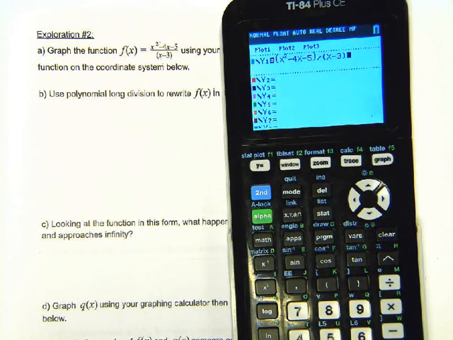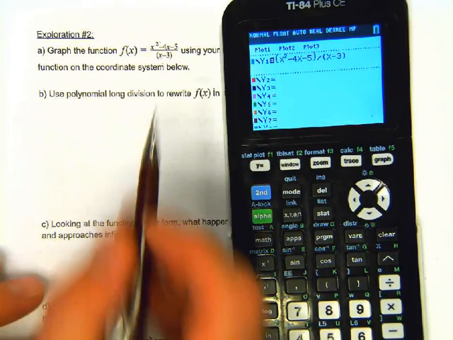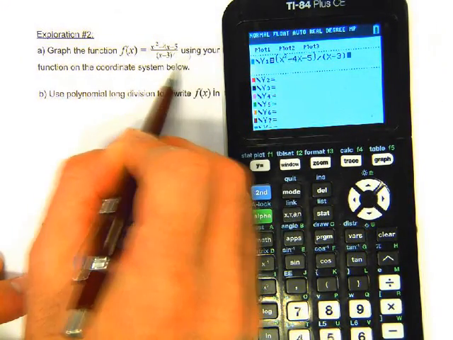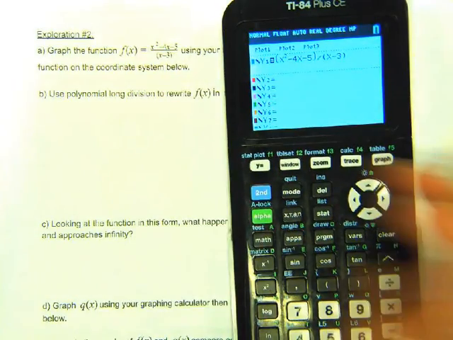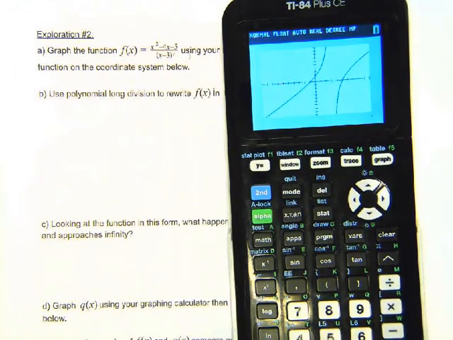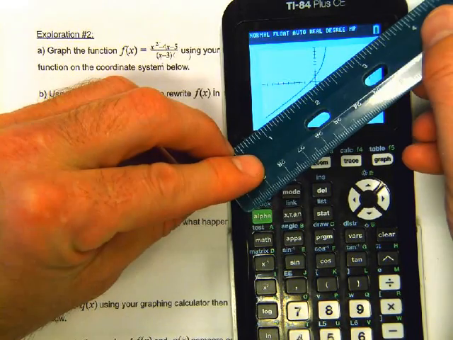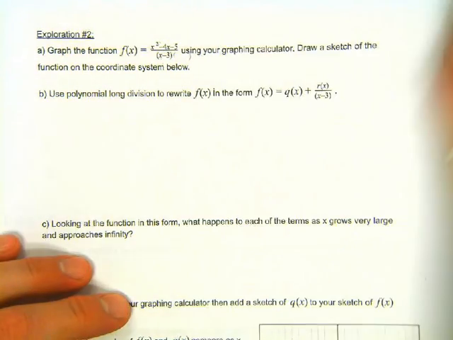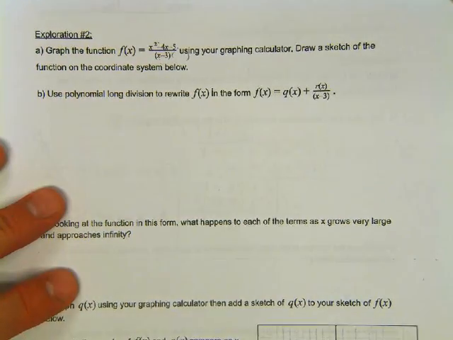You could put double parentheses around it; wouldn't hurt anything, but you don't need them. You'd only need them if there was another linear binomial there, or something else that was multiplied. Okay, zoom 6. Look at that. Doesn't it look like there's an oblique asymptote? Yeah, it does. Let's go find it.